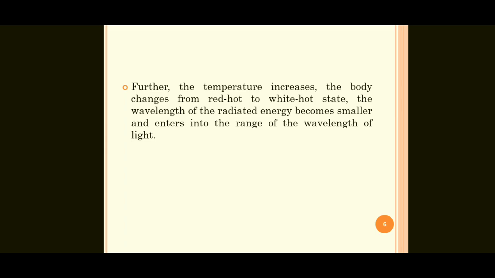As discussed in the previous slide, red hot means 500 to 800 degrees centigrade, while white hot means 2500 to 3000 degrees centigrade, as the body temperature rises. So the wavelength becomes smaller in this stage and enters into the range of wavelengths of light.